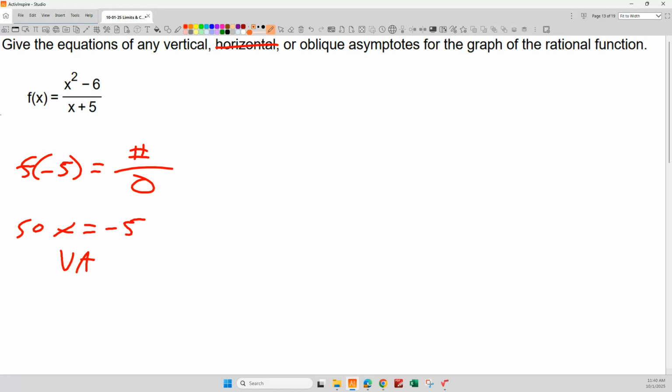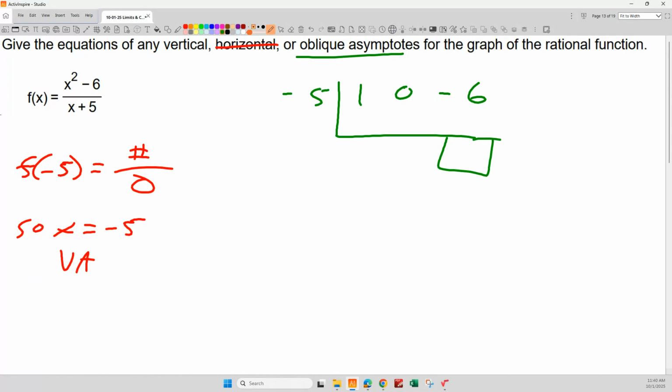Okay, what about an oblique asymptote? How am I going to get that? Divide. Yeah. So we need to simplify this. Now, what would be the easiest way to do this division? Synthetic, right? Because I have a linear factor in the denominator. So we'll use synthetic division. What goes on top? What goes out front? Negative 5. Okay, good.